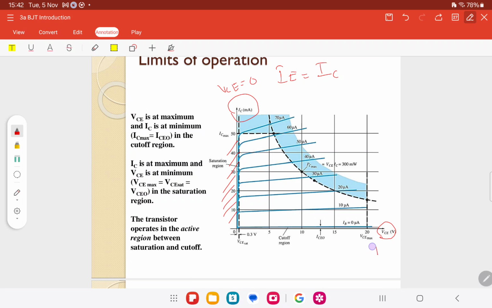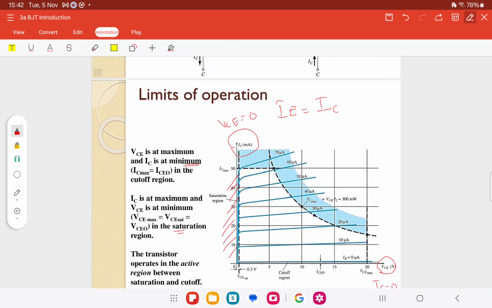At cut off, IC ataupun IE is equals to 0. Okay, minimum value. Okay, IC is maximum. This one is maximum at saturation kat sini. Okay. And the transistor is operate in, this one is active region. Dia almost, dia in between. For common collector, dia in between.